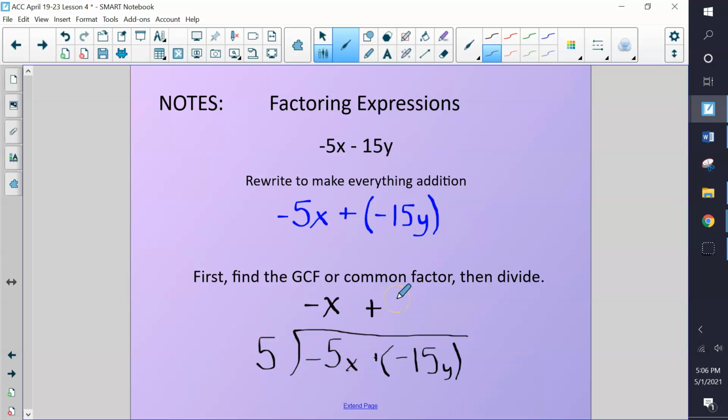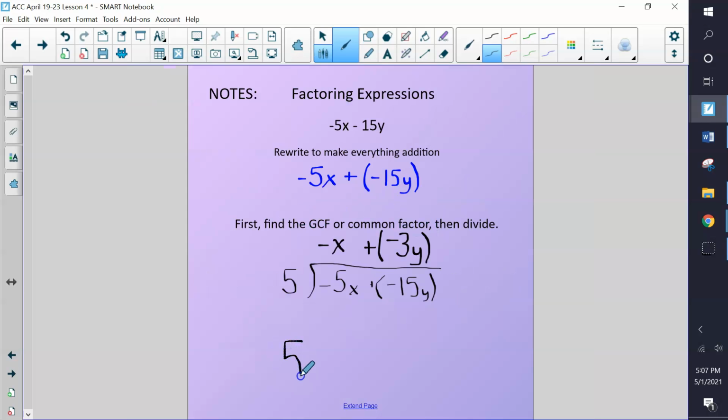Our answer is going to be, is it positive or negative? Negative, because we have one positive and one negative. Those are different signs. We only have one negative number in there, so the answer is going to be negative. And then 15 divided by 5 is 3, so we end up with negative 3, and then y stays there. Nothing happens with that.